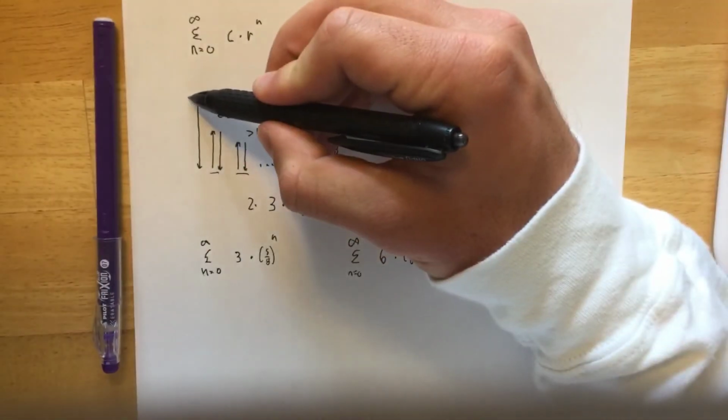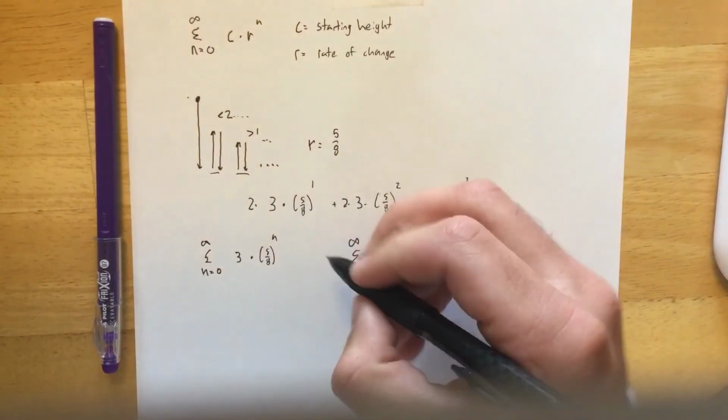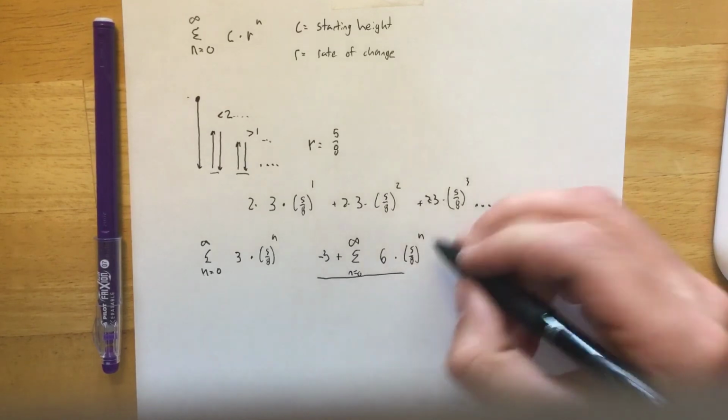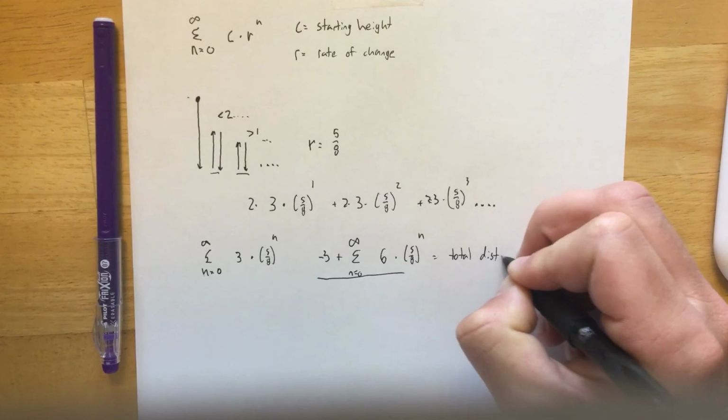But also, since this is starting at 3 and it's not going up and then down, it just has one distance at the 3, we have a -3 out in front. So this right here will equal the total distance traveled.